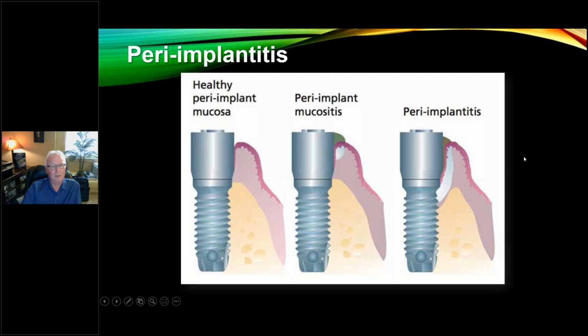I got to learn about implants because I had to teach dental students about the pros and cons, pitfalls, and way to do it. But I didn't even know that there was an actual categorization for the peri-implant problem, the peri-implantitis.